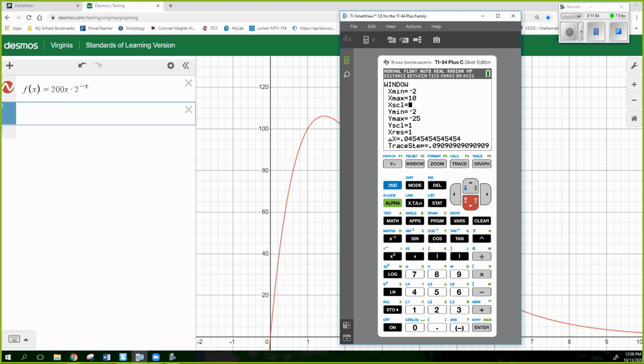Oh, because I put it in the wrong spot. Negative 25 is not enough. Not quite. All right, so how about negative 50, negative 35? I don't know. Either way.